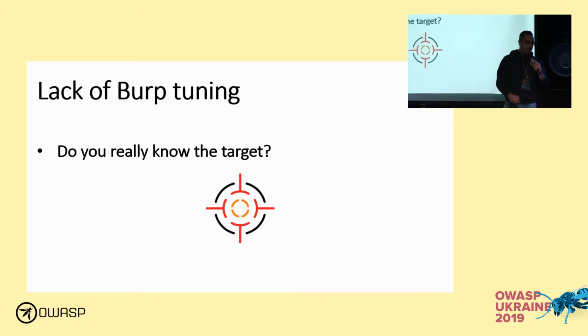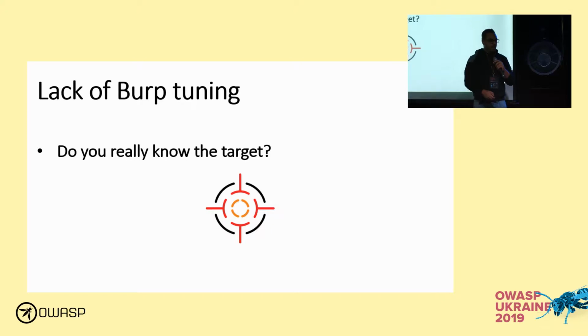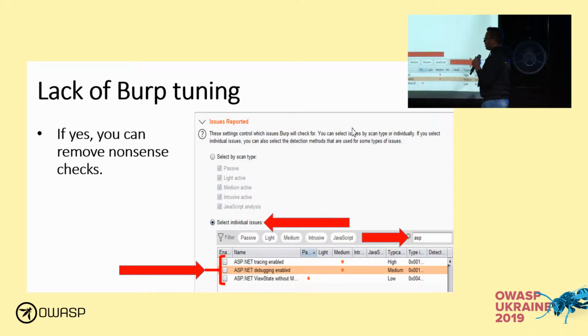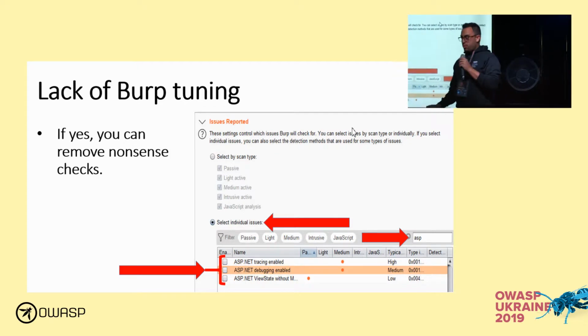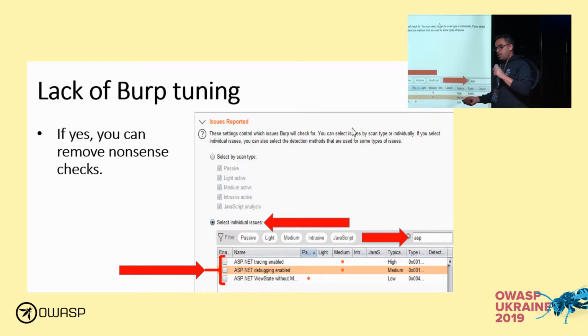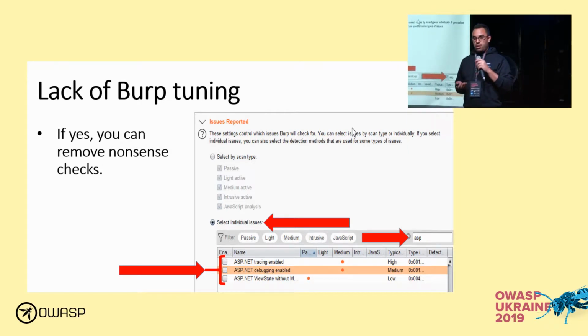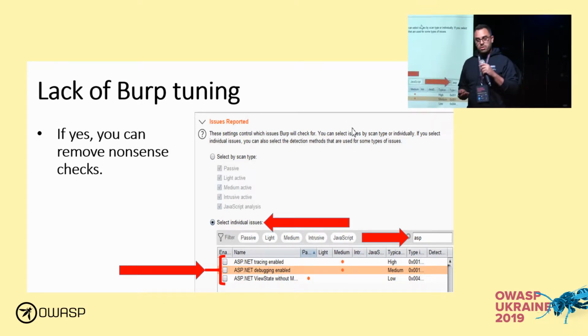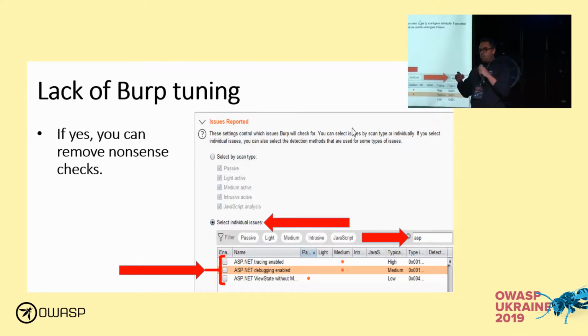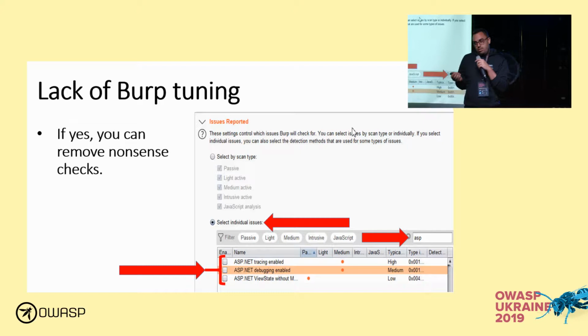But if you know the target, sorry guys, for this question I don't have chocolate, you can remove nonsense checks, okay? Why can you do that? Because you can remove the nonsense checks and it will be faster. Your scan will skip some tests that don't make sense.